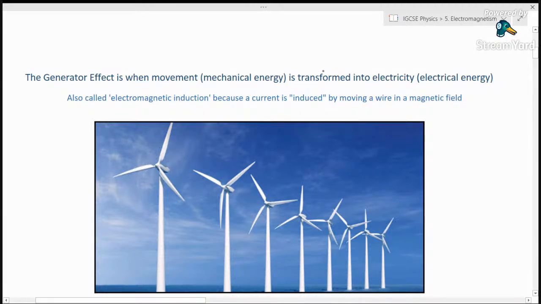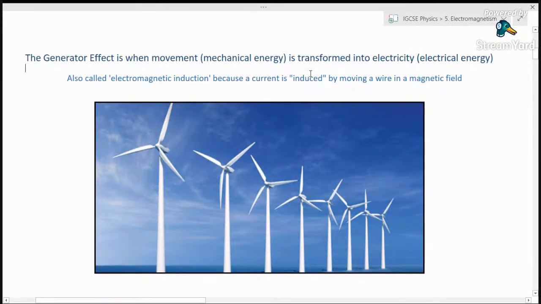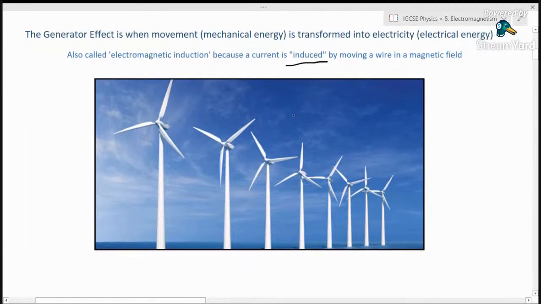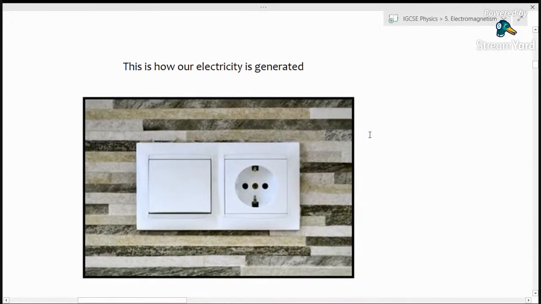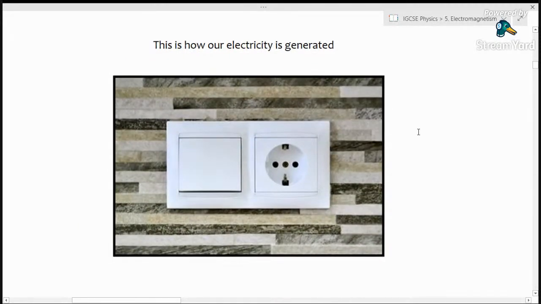This is also called electromagnetic induction because it involves a current being induced. We're causing a current to happen by moving a wire in a magnetic field. Again, this is exactly how all of our electricity gets to our homes. This is all created by electromagnetic induction, also known as the generator effect.